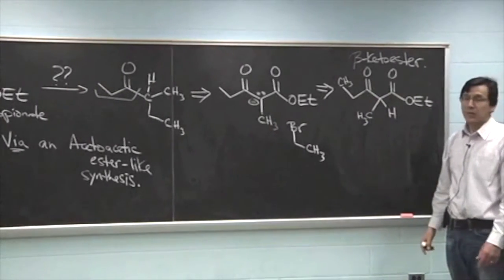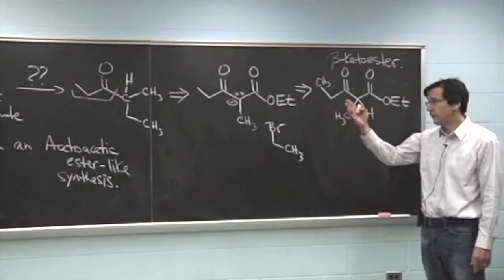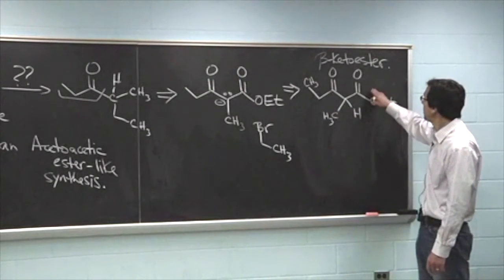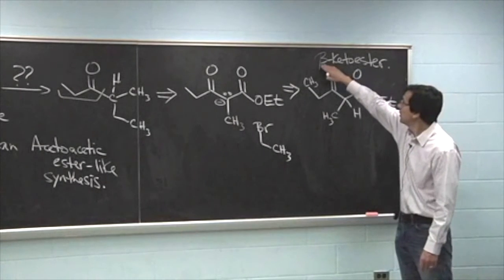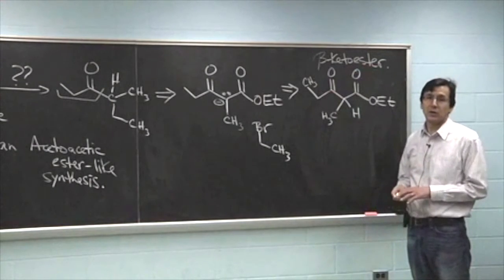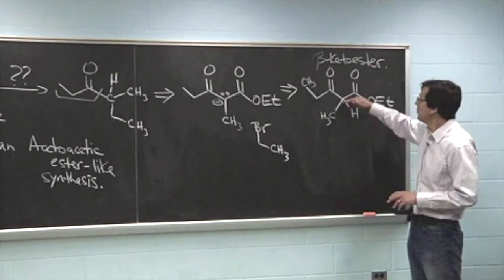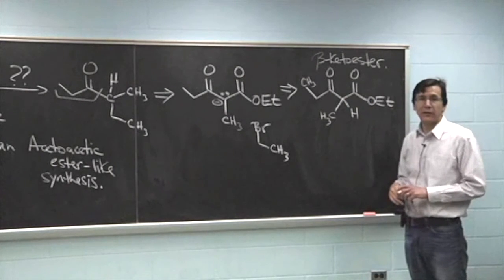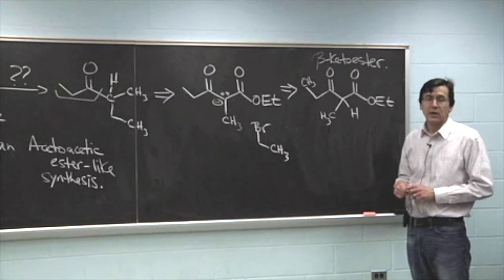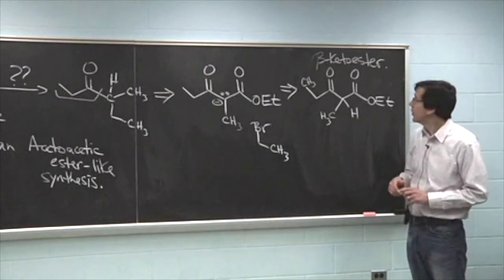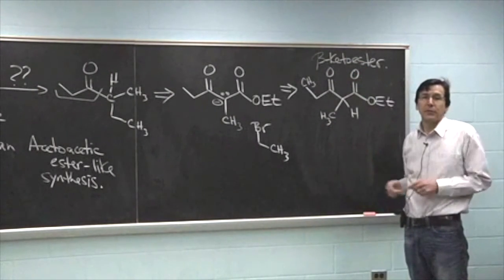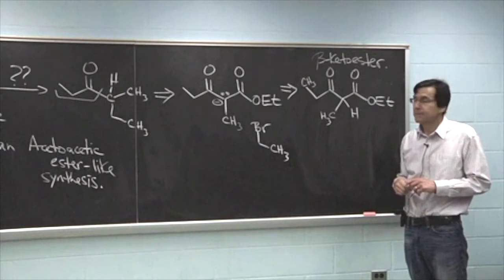So the next part of this problem is remembering the ester that we wanted to start with, namely ethyl propionate, and looking at this beta keto ester, and remembering that a beta keto ester type of structure should remind us of a particular process. How might we prepare this beta keto ester in a way that lets us work back to our desired starting material, namely ethyl propionate? So the question is, first of all, if we're trying to make a beta keto ester, what type of reaction does that remind us of?